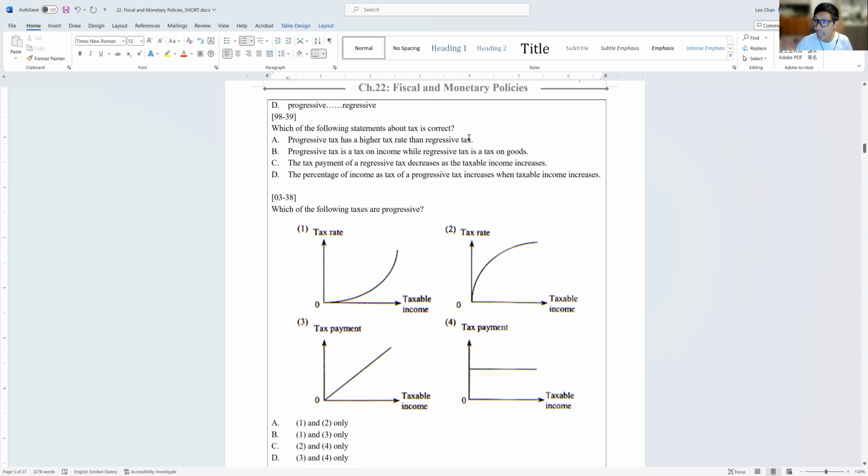No. OK, irrelevant 呢個唔關事啊。A is irrelevant. OK，呢個唔係個定義。OK, progressive tax is a tax on income, while regressive tax is a tax on goods. OK，嗱 strictly speaking, this is what is happening in reality.